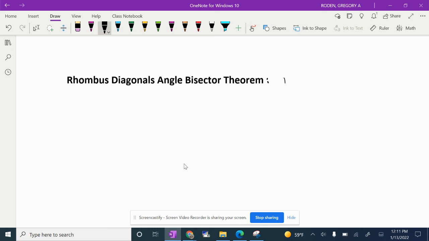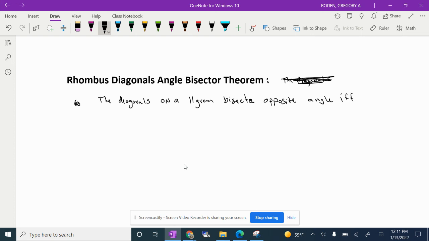It says the diagonals, sorry guys, the diagonals on a parallelogram bisect opposite angles if and only if the parallelogram is a rhombus.